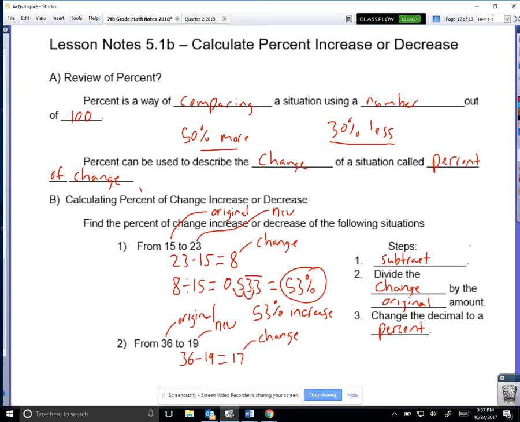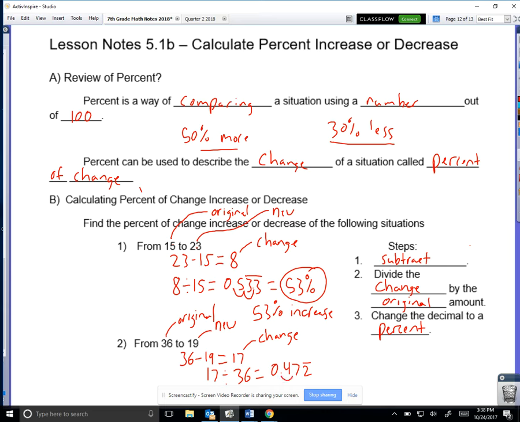All right. Then I'm going to do step number 2. I'm going to divide the change by the original. So I'm going to take 17, divide that by the original, 36. Okay, and again, it's kind of a backwards division problem, and it's going to get us a small decimal number, which is okay. That is going to be 0.472, and that 2 is just going to keep repeating. All right, now we're ready for step number 3. We're just going to change the decimal to a percent.